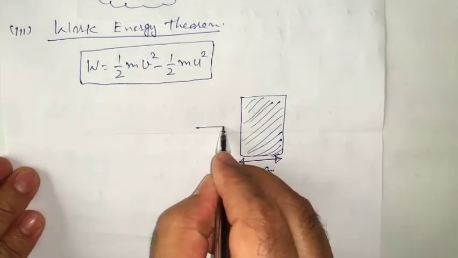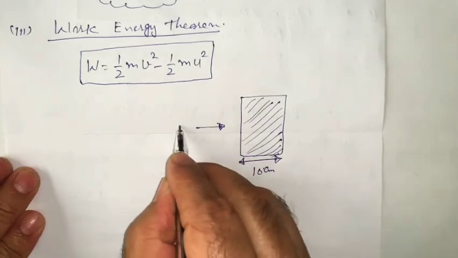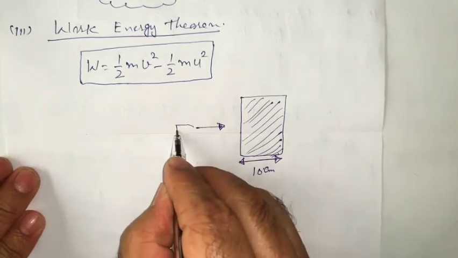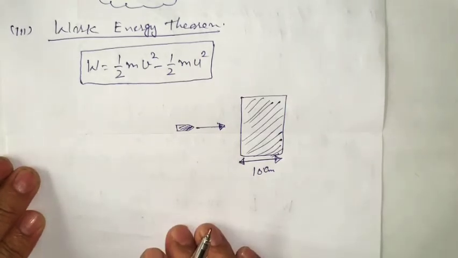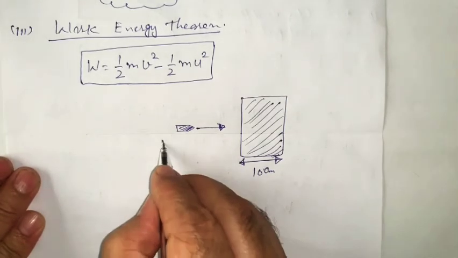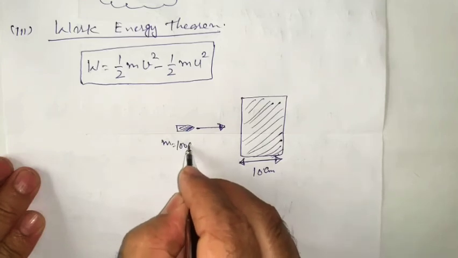A bullet is fired into it. The mass of the bullet is say 100 gram.